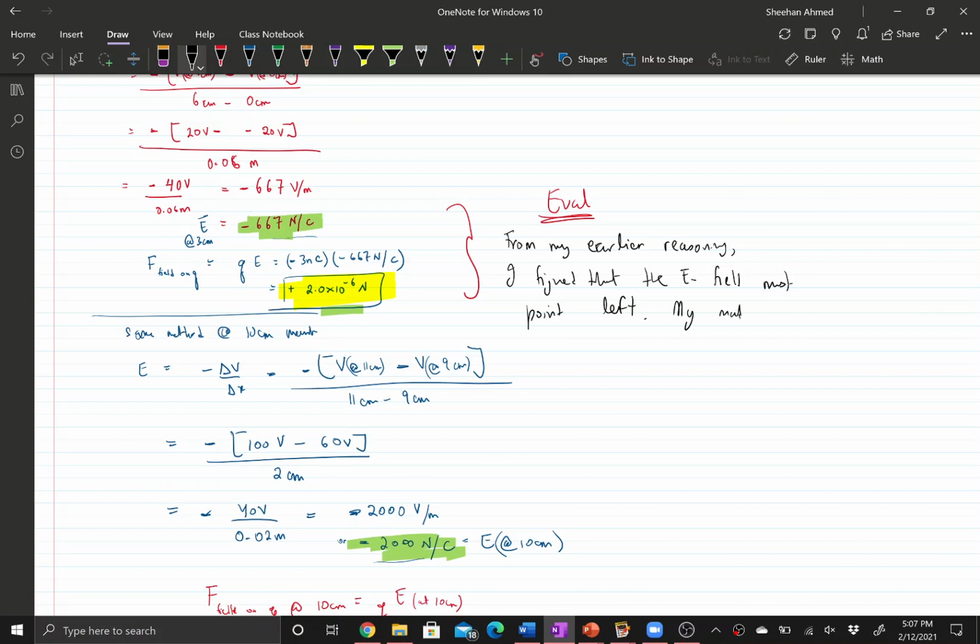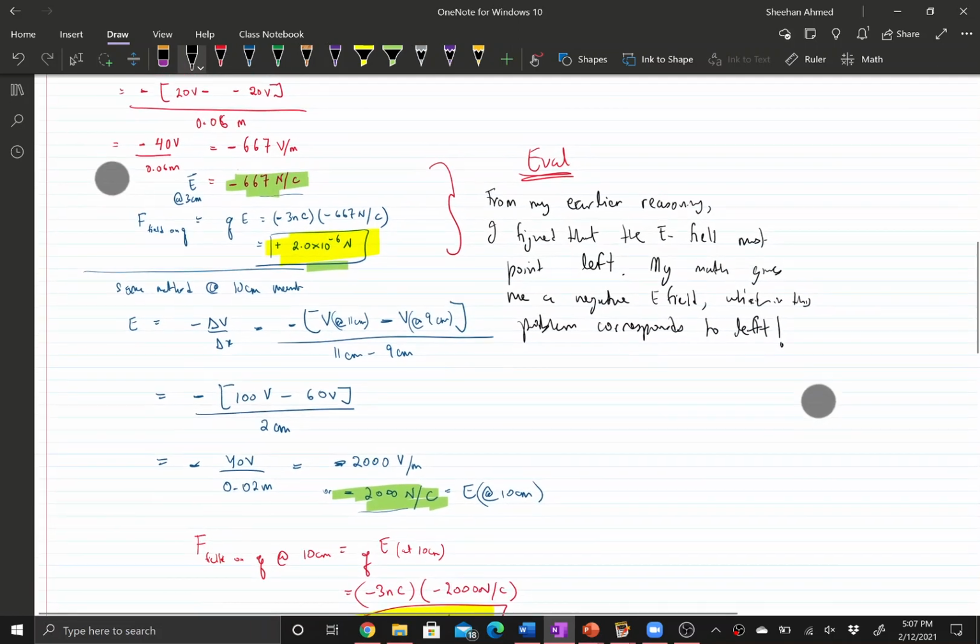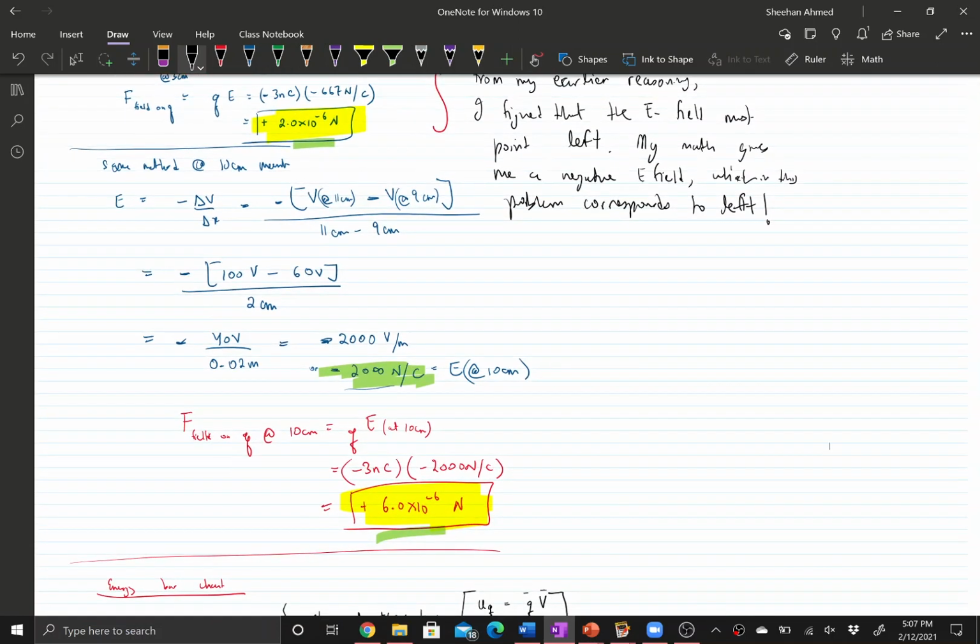My math gives me a negative E field, which in this problem corresponds to left. Okay, that is part of my evaluation, but that wouldn't be enough just because this was a big problem.